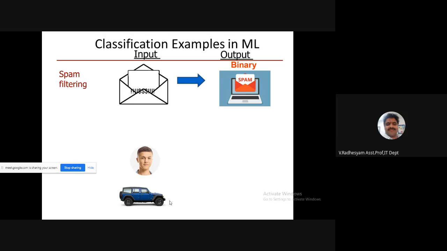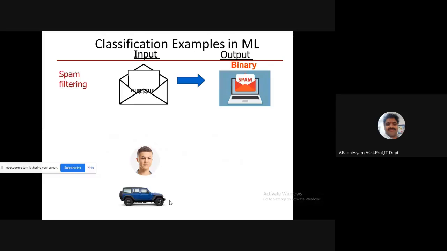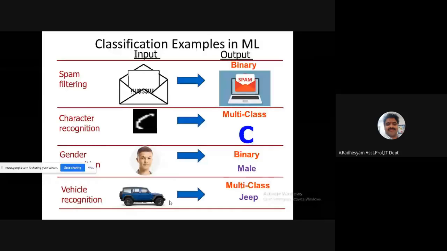As I told you, spam filtering. Given emails, you need to classify the email as spam or ham. That is a binary classifier. Character recognition, I told you: A, B, C, D. How many classes are there? 26. So it is a multi-class classification.